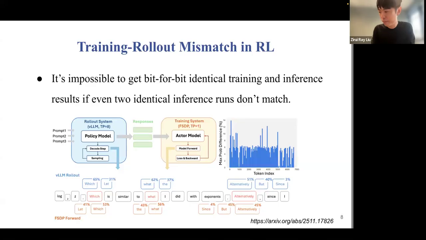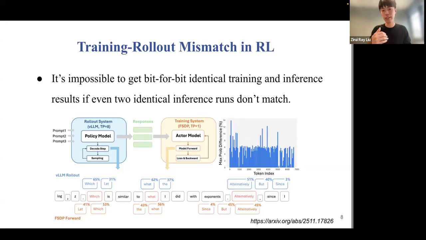And why this problem is very important is that if you train RL, you want to make sure that the model gives the same probability to the token in both the rollout and the training engine, because they are the same token, right? Ideally, they should assign the same probability to the same token. But in practice, this gap is super large, like 0% to 100%.